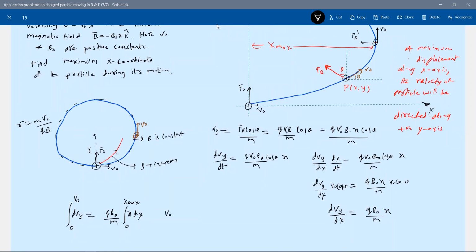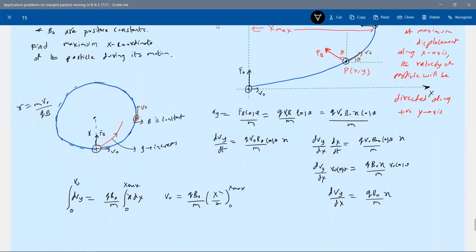So solving this, v naught is equal to q b naught by m. So finally, our answer is 2mv naught by qb naught.